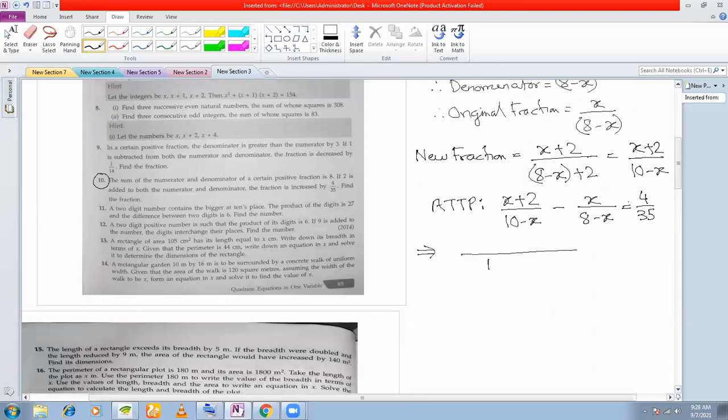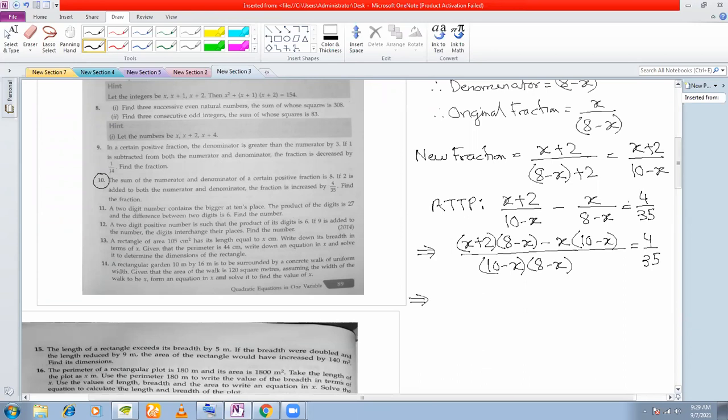Take the LCM: 10 minus x into 8 minus x. In the numerator, you're going to get x plus 2 into 8 minus x minus x into 10 minus x, is equal to 4 by 35.